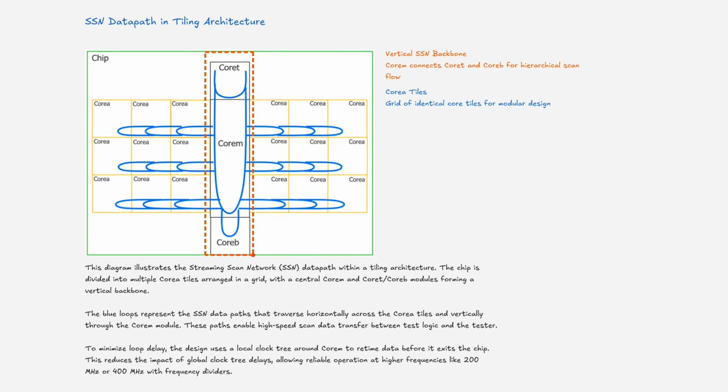These paths enable high-speed scan data transfer between test logic and the tester. To minimize loop delay, the design uses a local clock tree around Core M to retime data before it exits the chip. This reduces the impact of global clock tree delays, allowing reliable operation at higher frequencies, like 200 MHz or 400 MHz with frequency dividers.